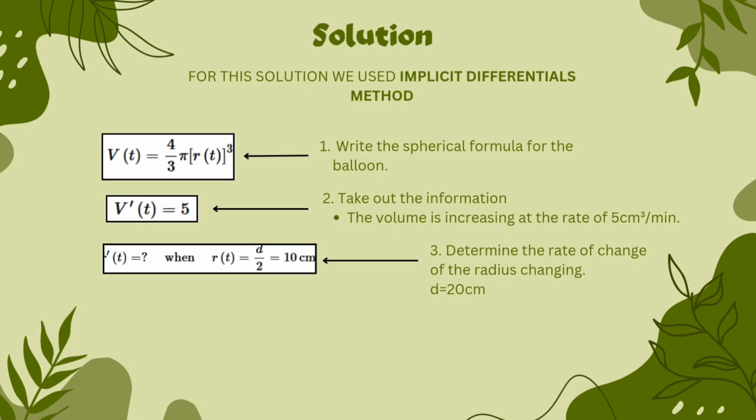The second step is to take out the information given, which is that the volume is increasing at the rate of 5 cm³ per minute, so dV/dt = 5. The third step is to determine the radius: the diameter d equals 20 cm, so r = d/2 = 10 cm.